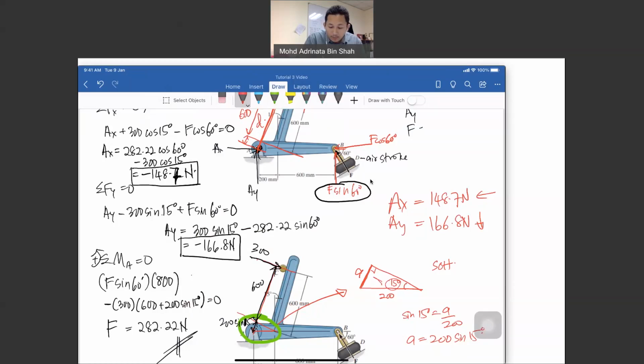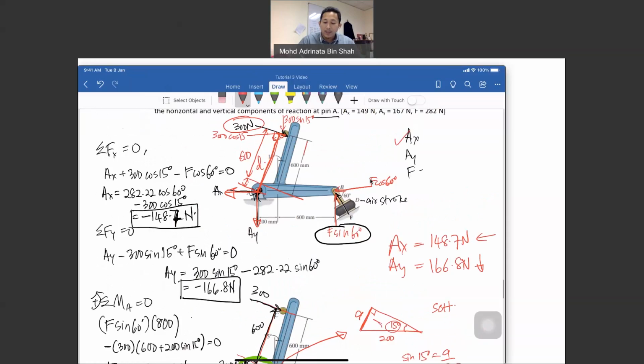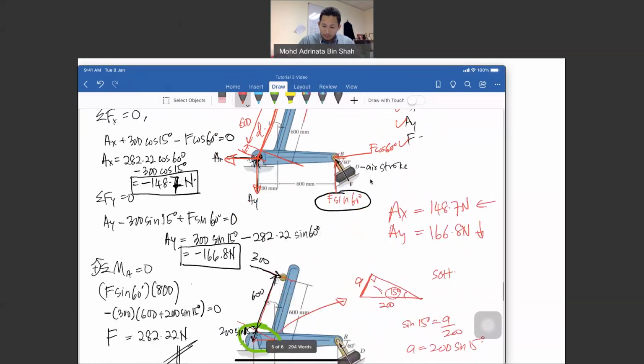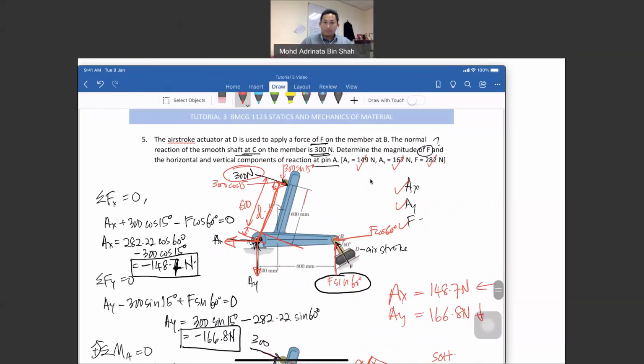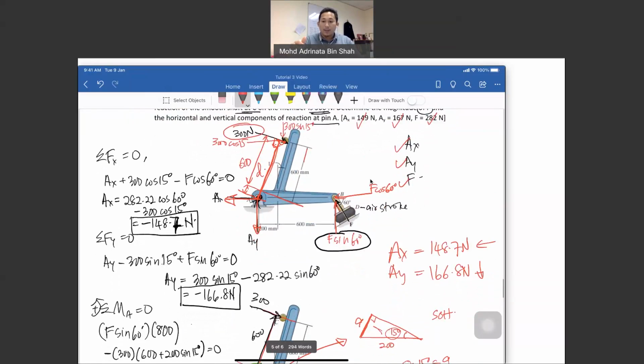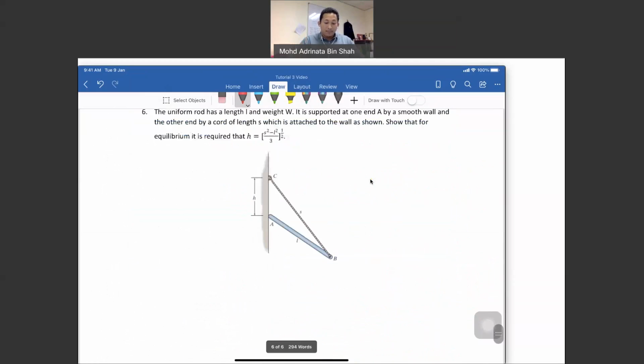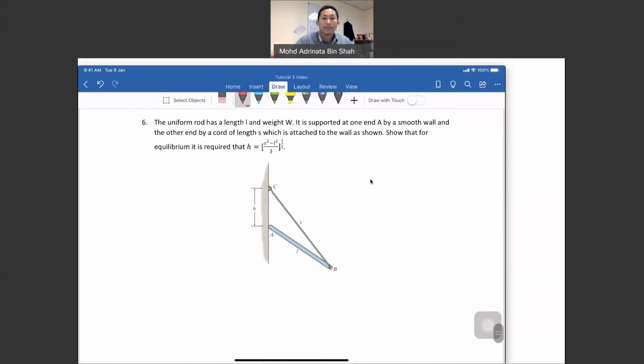Because we got the negative value. So we have found our AX, AY, and F: 148.7, 166.8, 282.22 Newton. The trickiest part is the distance for our 300 Newton.